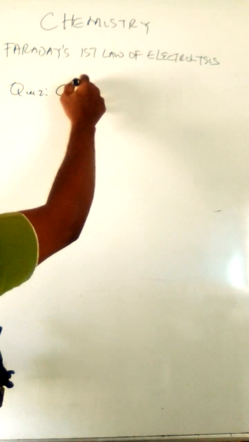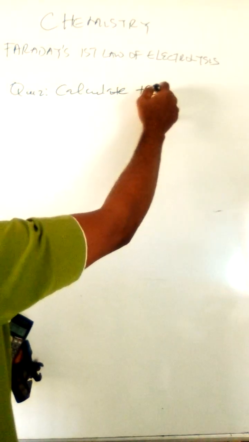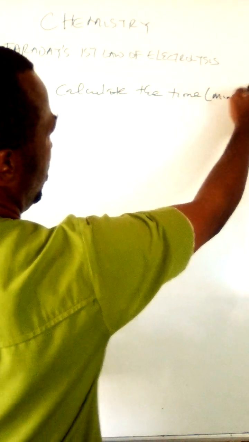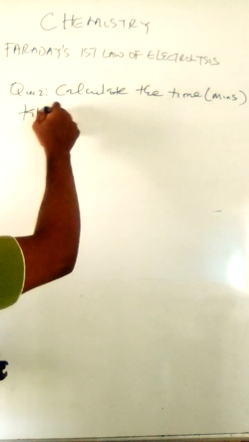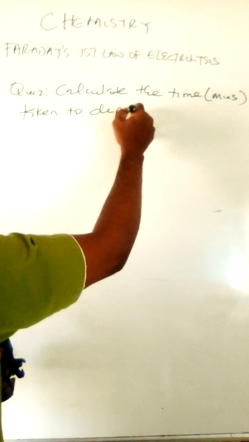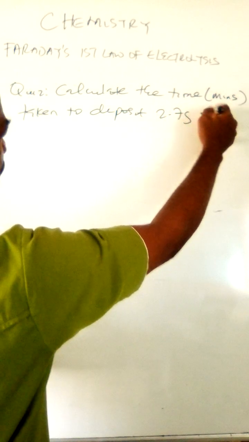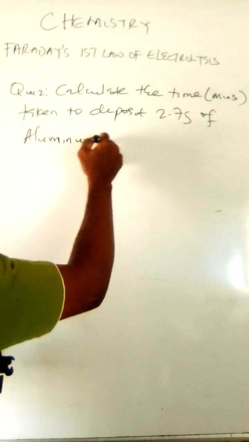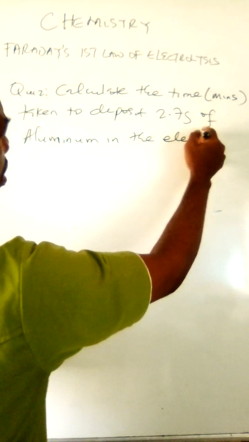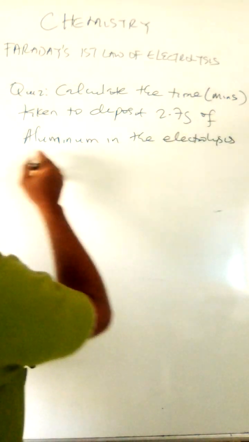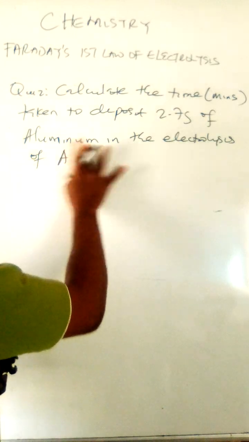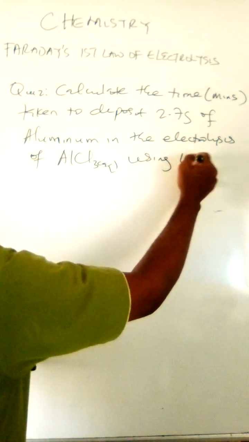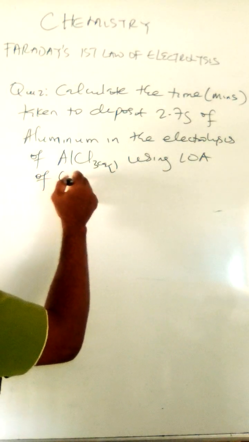Calculate the time in minutes taken to deposit 2.7 grams of aluminium in electrolysis of aqueous aluminium chloride using 10 amperes of current.